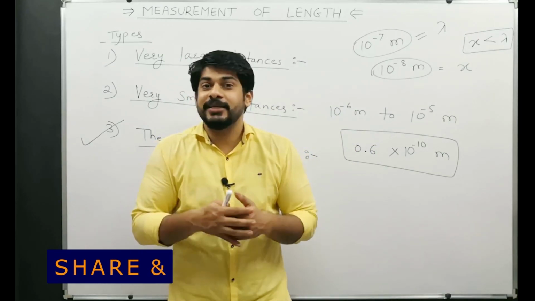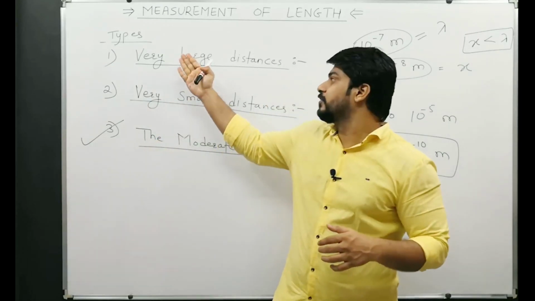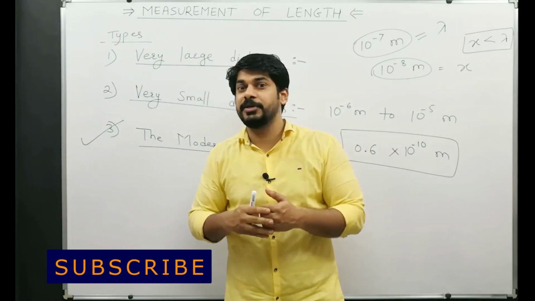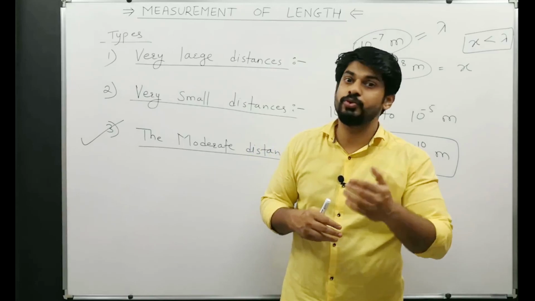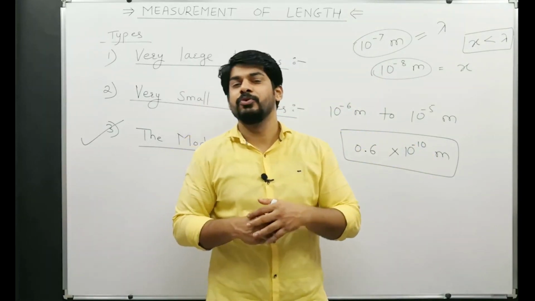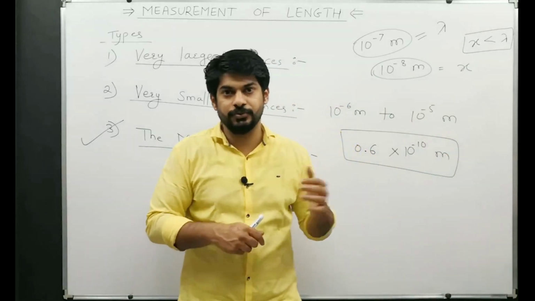It's actually very exciting. These methods might seem a little difficult, but it's really fun when you go to do it. The parallax method itself is a very fun method. You will understand that in the coming videos.